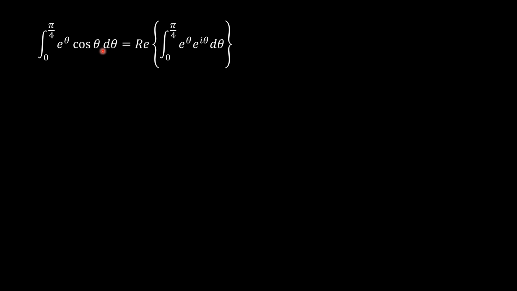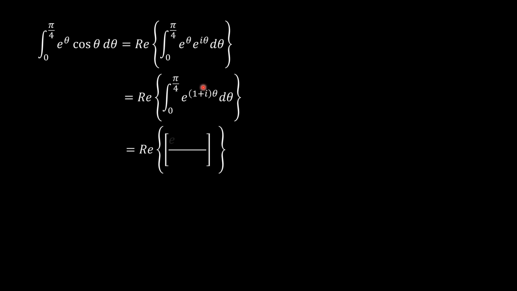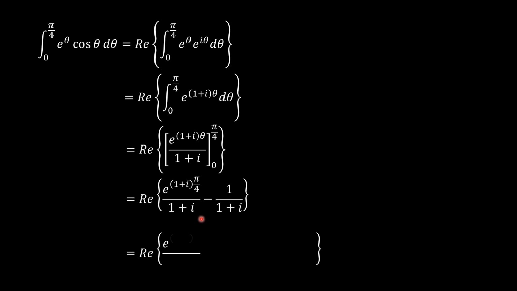So this integral is the same as getting the real part of the integral of e to the theta times e to the power I theta. And that means that we have the integral of e to the power 1 plus I theta, and that is the same as e to the 1 plus I theta over 1 plus I, with the limits applied appropriately, and that substituted, you get what we have here.